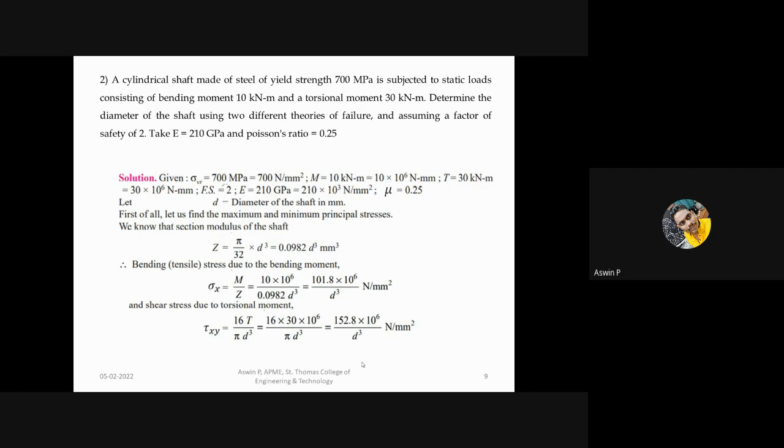It's very important. The students from 1 to 5 should calculate according to maximum principal stress theory. 6 to 9 should calculate according to maximum shear stress theory.